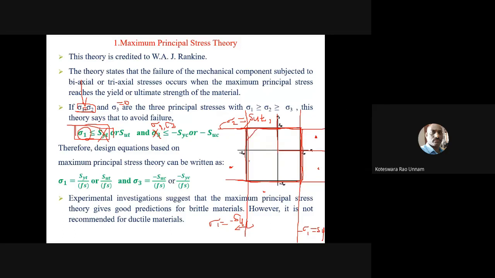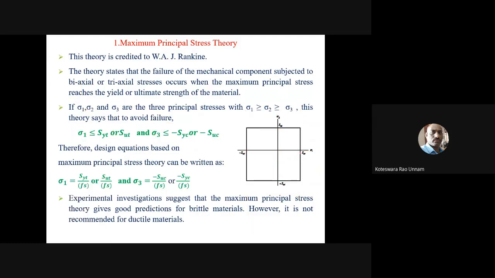Sorry, not failure region. This is the safe region, and this we call the failure envelope. So the safe region is enveloped by this. If your design point crosses this envelope, your component is going to fail. So in case of the maximum normal stress theory, your failure envelope is a rectangle or square.